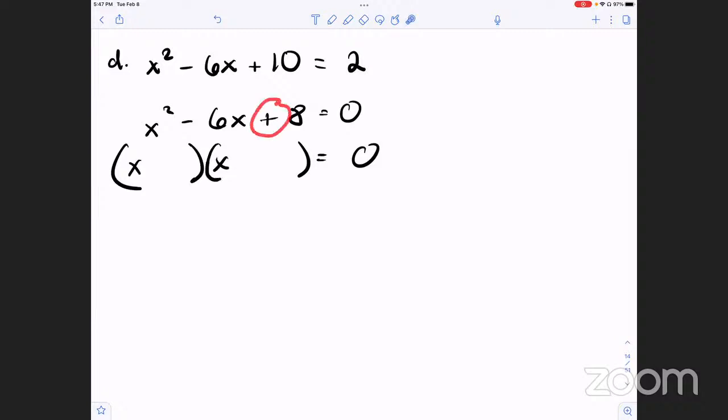Because this is a plus, if we're looking for two numbers that multiply to give us a positive, then both of our signs are either positive or both negative. And this tells us the sign of the larger number, so it should both be negative. Two numbers that multiply to give us 8 and add to give us 6. What is it? 4 and 2. Negative 4 times negative 2 is 8. Negative 4 plus negative 2 is 6.